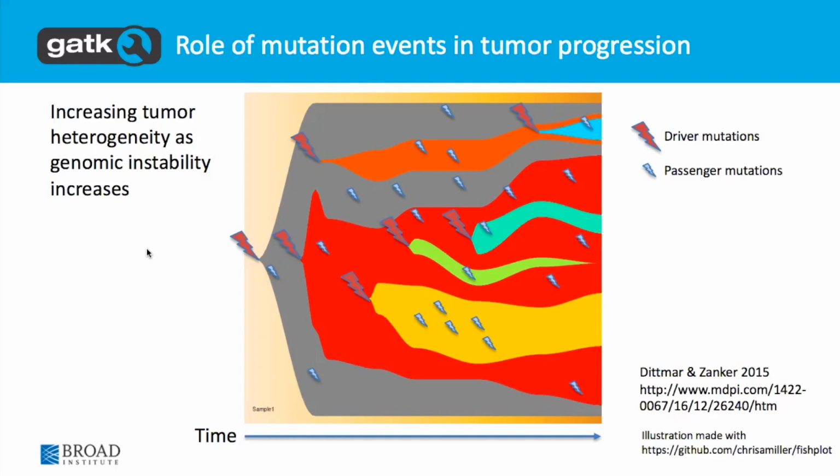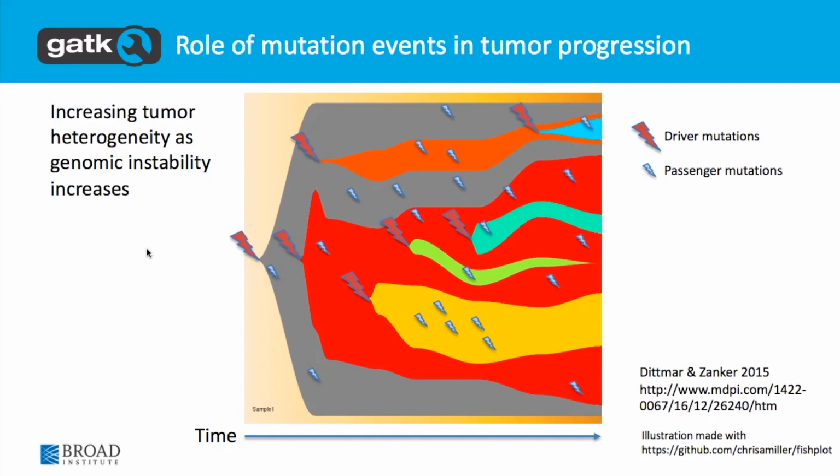And as that gets more complicated, you can imagine that the tumor itself becomes more complicated, and when we're taking a sample of tissue to sequence it, we're not sampling one population of cells, we're sampling multiple populations that have different mixes of mutation. And that is where most of our headaches are going to come from.